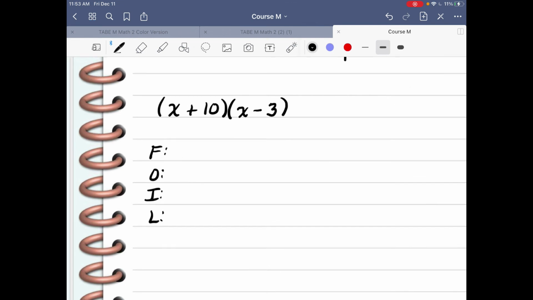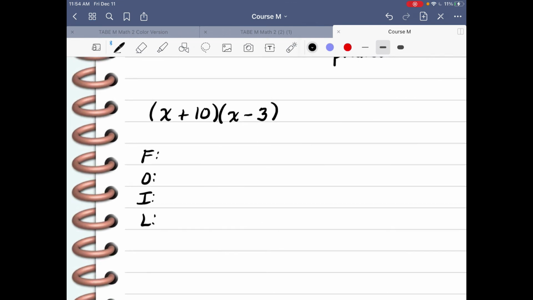And then we have first. So the first terms in each binomial, the first term is an x. So I have x times x, and that equals x squared.